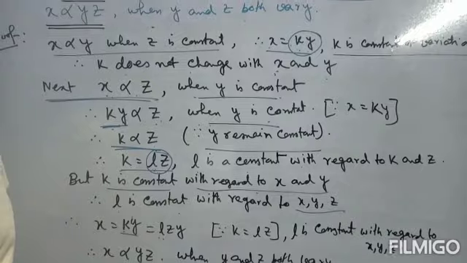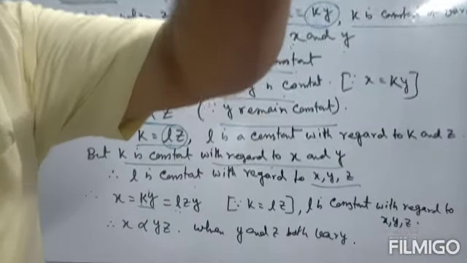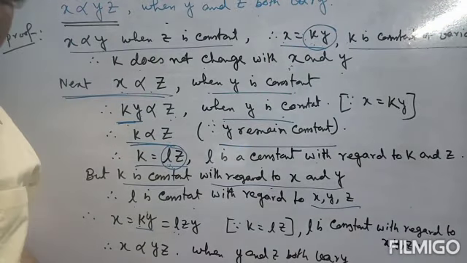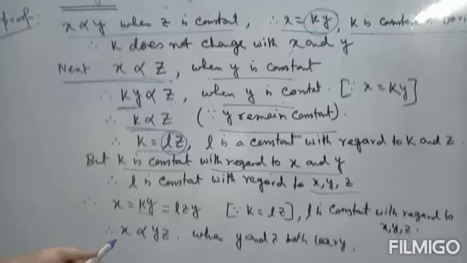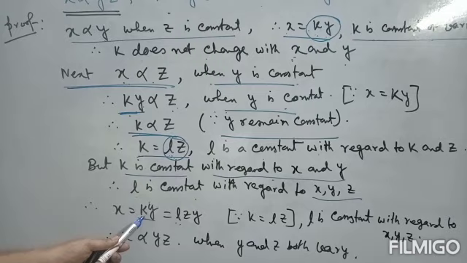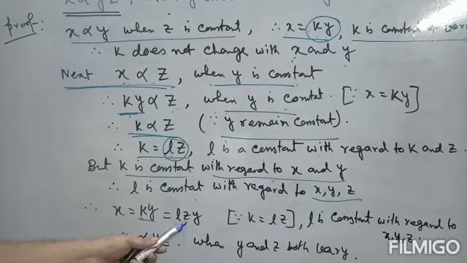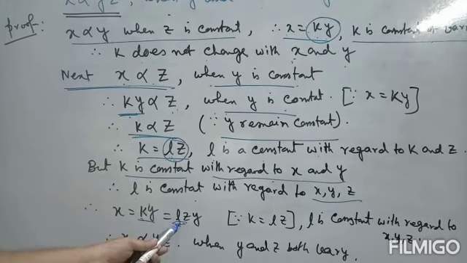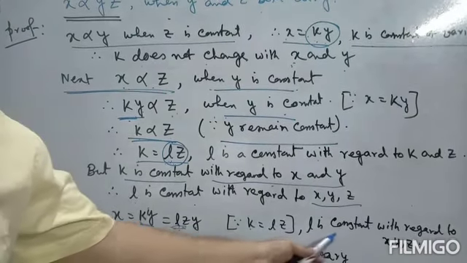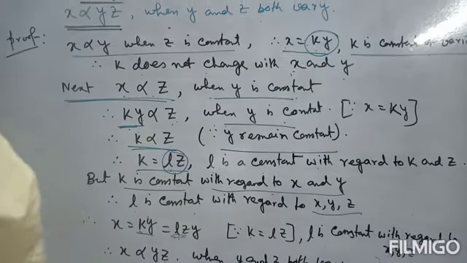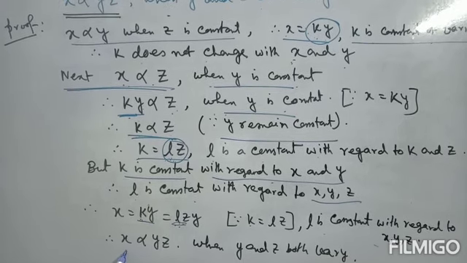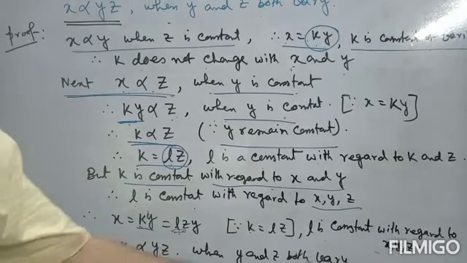Most of you did not see here. Wait. Now in place of K, we can write L into Z. So X is equal to LZ into Y. Since K is equal to LZ, and L is constant with regard to X, Y, Z, therefore X varies as Y into Z. X varies as Y into Z when Y, Z both vary.